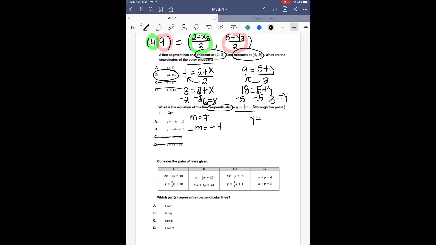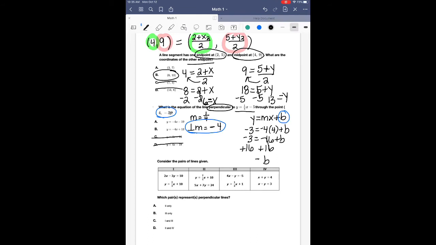But now what I need to do is I need to write an equation. So in order to write the equation, I need to find my B value. So to find that B value, we're going to plug in our point and our perpendicular slope. So negative 3 equals negative 4 times 4 plus B. So negative 3 equals negative 8 plus B. Excuse me, not negative 8, that's going to be negative 16.